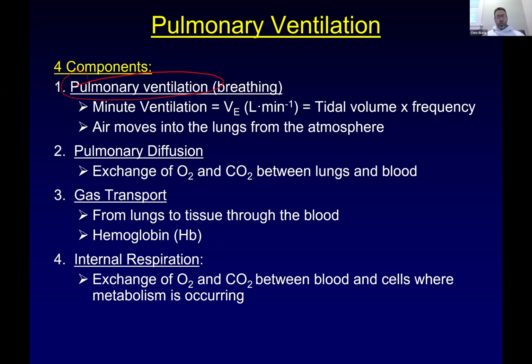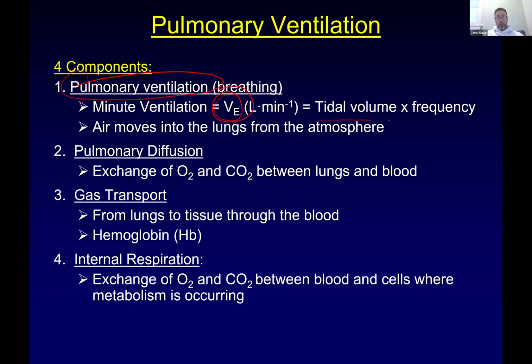You may see this in the textbook or in other things you interact with called minute ventilation, which is very often abbreviated as VE. V subscript E has units of liters of air per minute. And so pulmonary ventilation is the lung analog of cardiac output. It has two components.